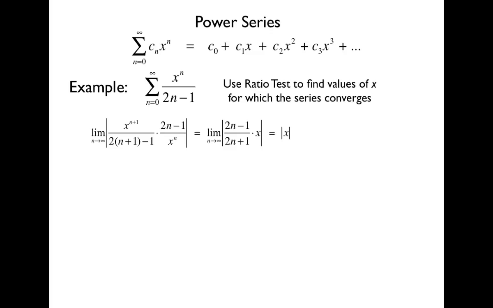Or yeah, absolute value x. And this is after you take the limit, so as n does things, x doesn't care what n does. So our limit just is x, right? This is the limit. And so what did we say? When does it converge according to the ratio test?